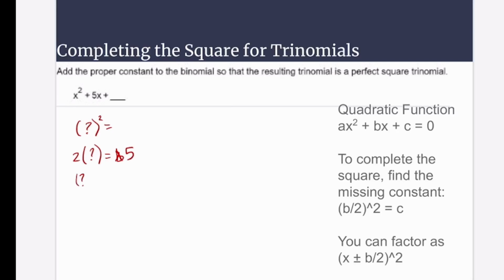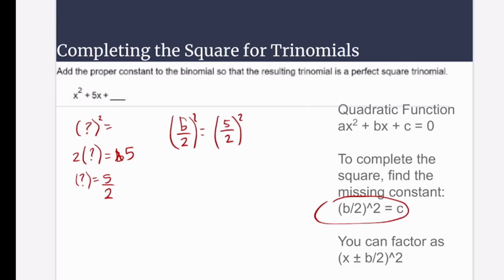So to find that number, we're doing 5 divided by 2. That's your rule. So b divided by 2 squared, b is 5.